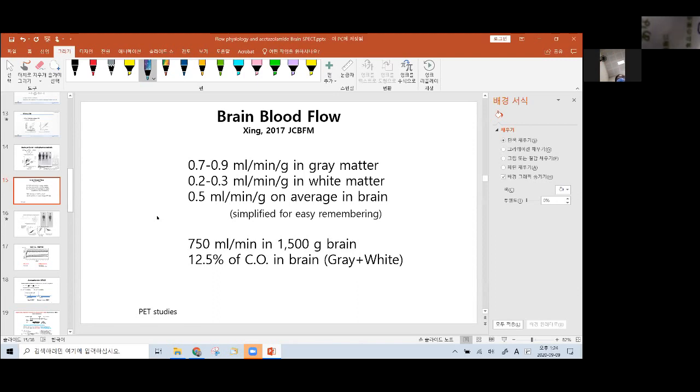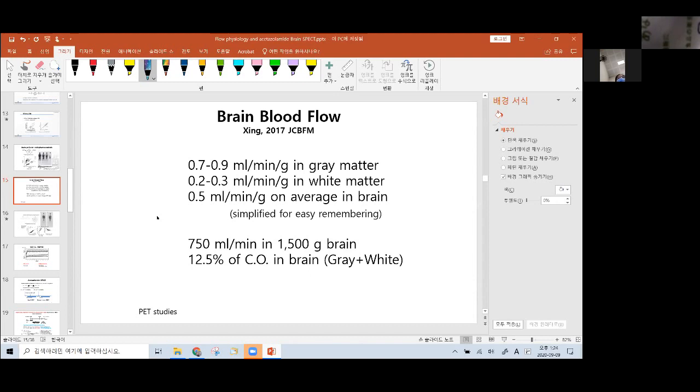Meaning gray matter and white matter are mixed, so at the beginning they could only give the average. So 0.5 milliliter per minute per gram is the mixture of white matter and gray matter.